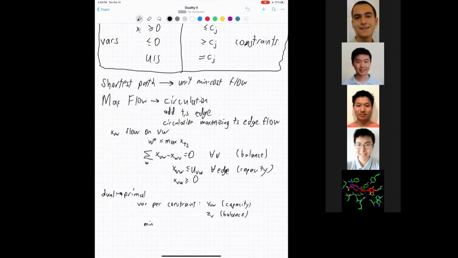Okay. And as was said, the coefficients that I see are going to be the right-hand sides of the constraints, and those are going to multiply the corresponding variables. So what is my objective function going to look like?